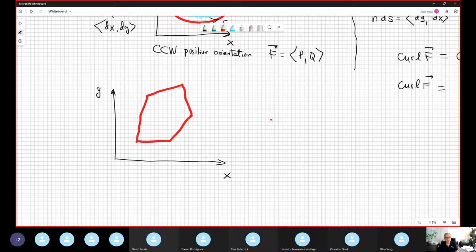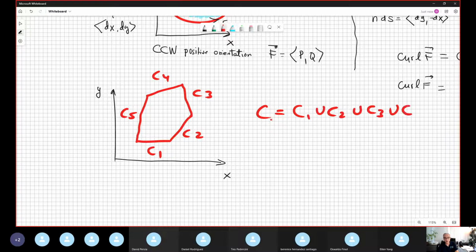Suppose this: C1, C2, C3, C4, and C5. So my curve C is the union of C1, C2, C3, C4, and C5. We have a pentagon, 1, 2, 3, 4, 5.